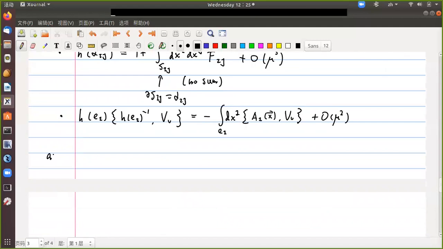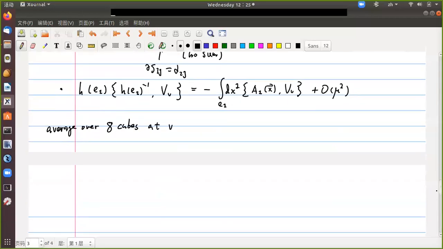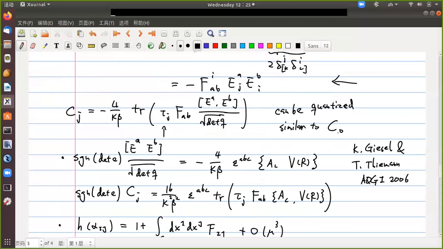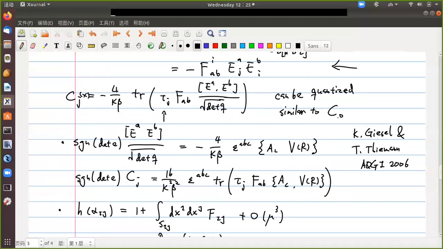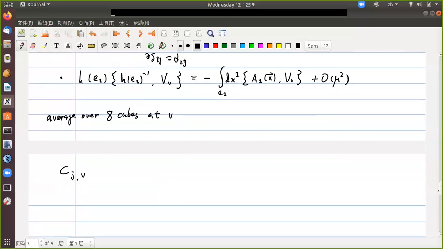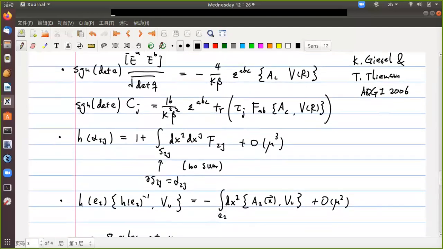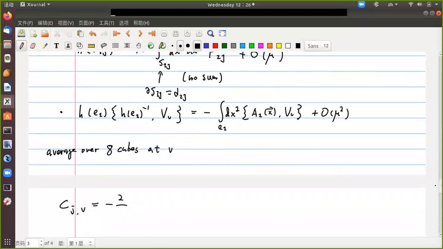Now what we do is make an average over 8 cubes at the vertex, and the result is C_j at v. So this is a discrete expression of C_j(x), where x becomes the vertex of the lattice. I promised that you replace this 16 by minus 2.